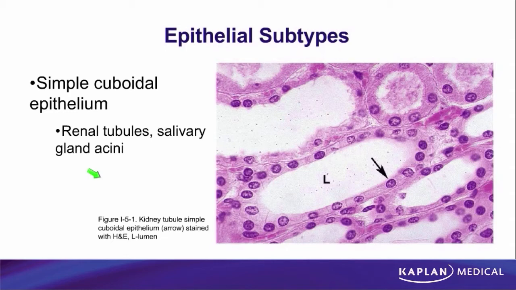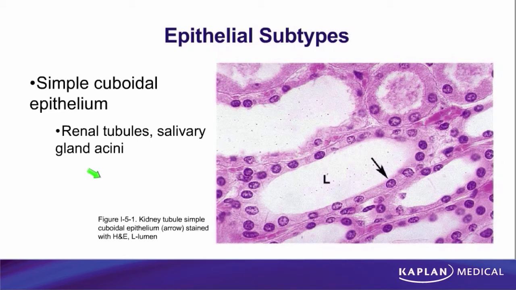How many layers are there between the luminal surface and the connective tissue surface, or the basolateral surface? How many layers of epithelium are there between the basement membrane and the lumen? If there's only one layer of epithelial cells, then we would call it a simple epithelium. If it's more than one layer, then we would call it a stratified epithelium.